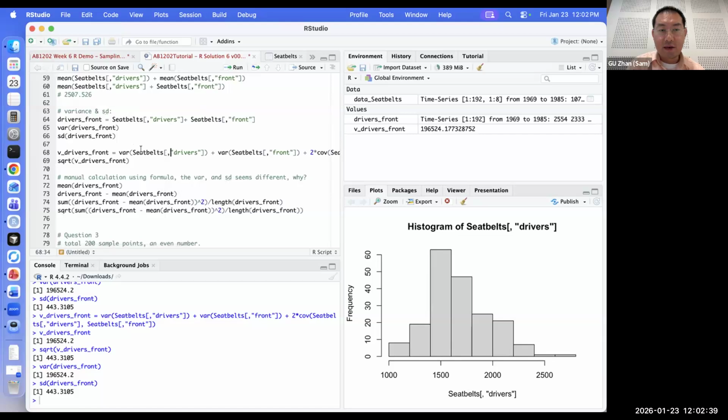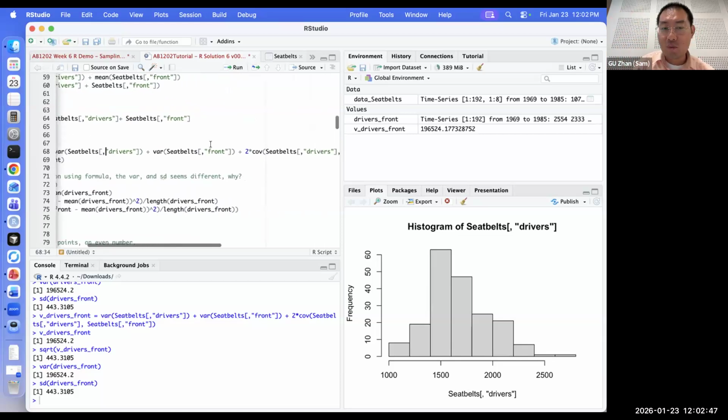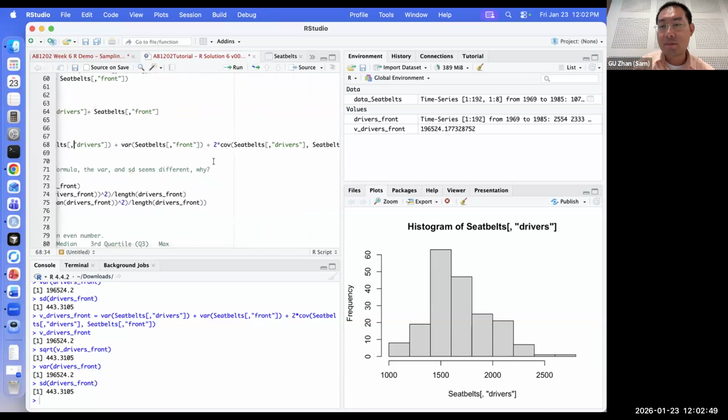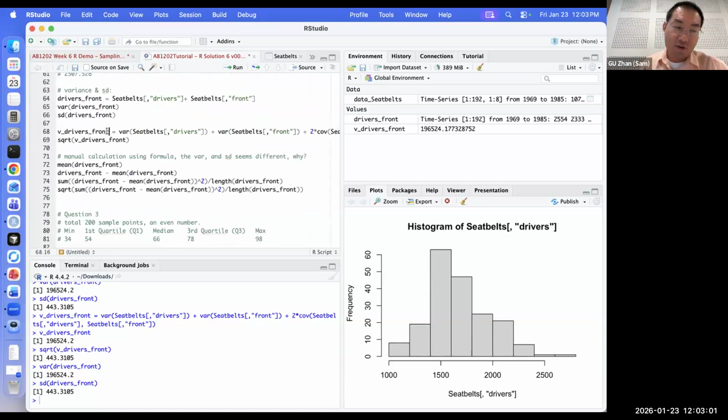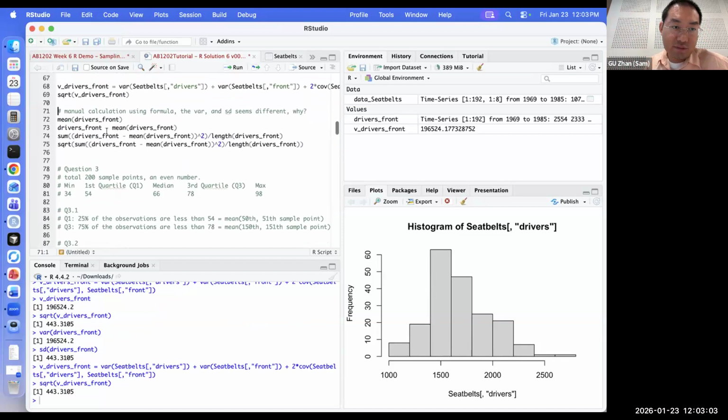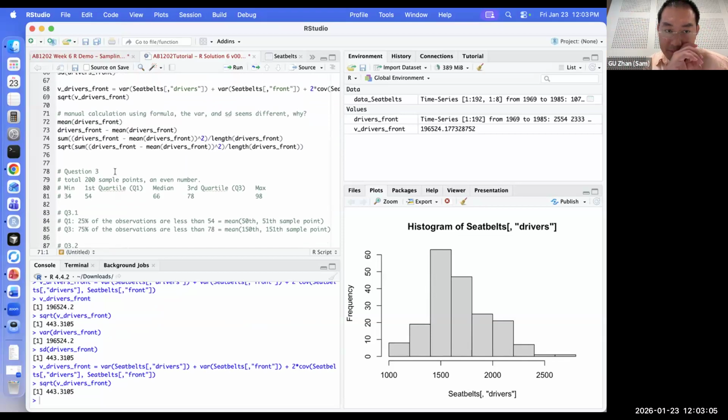So the variance of x plus y equals the variance of x plus the variance of y plus 2AB, where A and B are the coefficients of x and y, which in this example is 1, so 2 times 1 times 1 times the covariance of x and y.